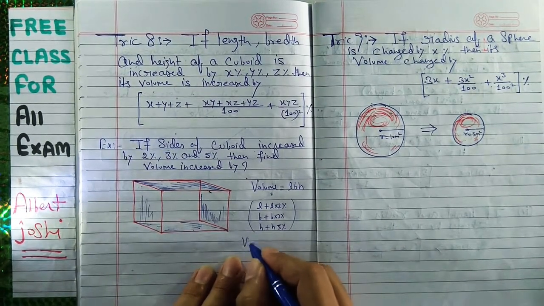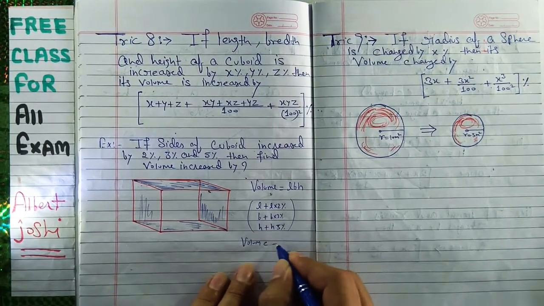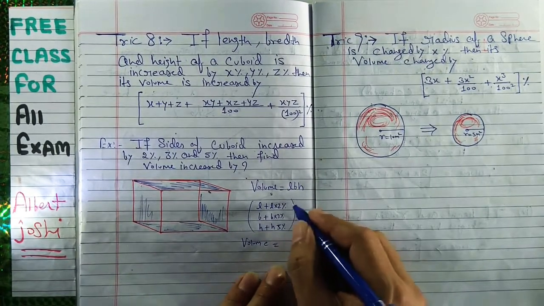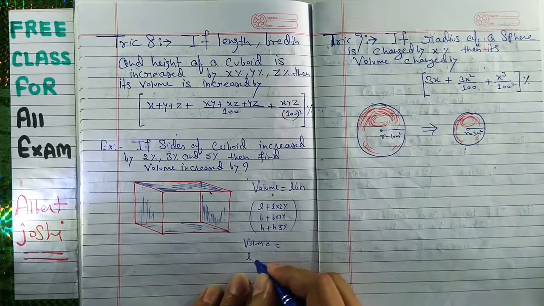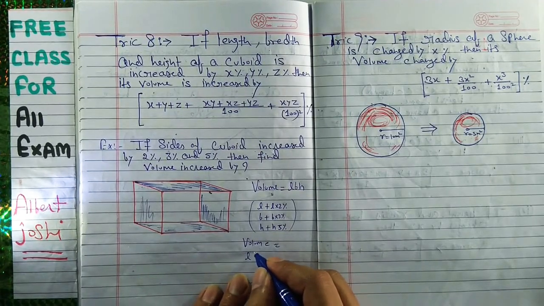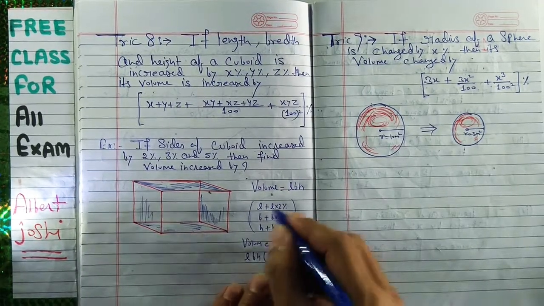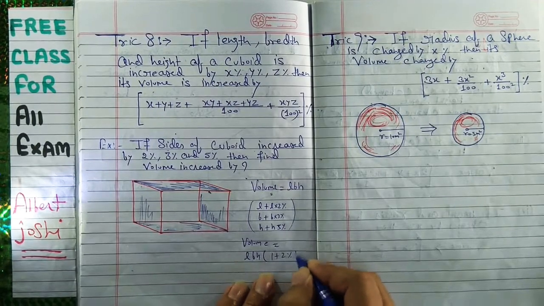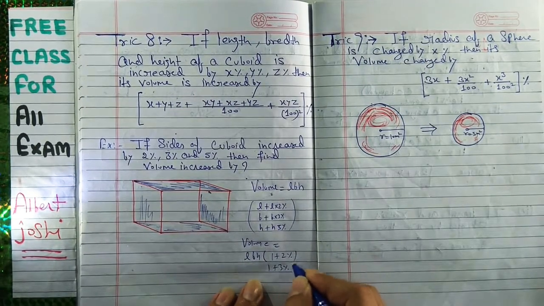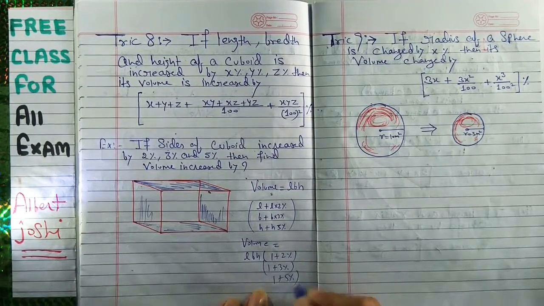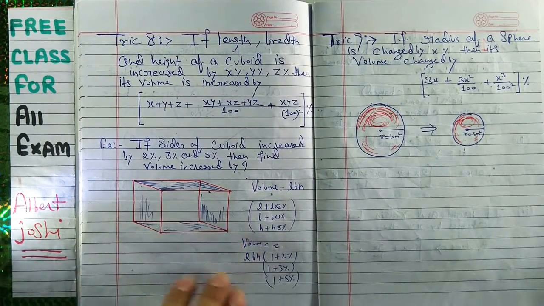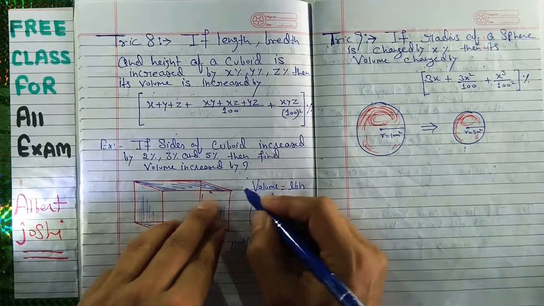So the new volume is L into B into H, and 1 plus 2% into 1 plus 3% into 1 plus 5%. This is the new volume and this is the old volume.